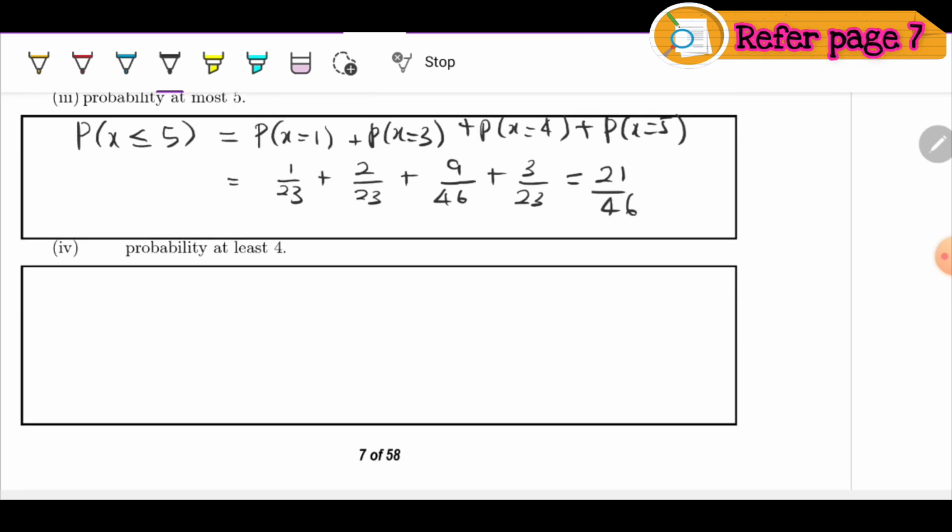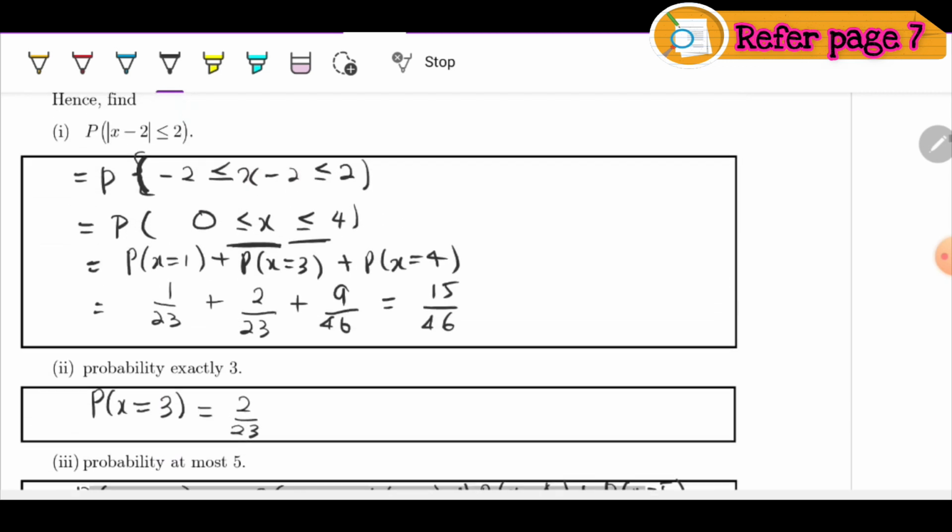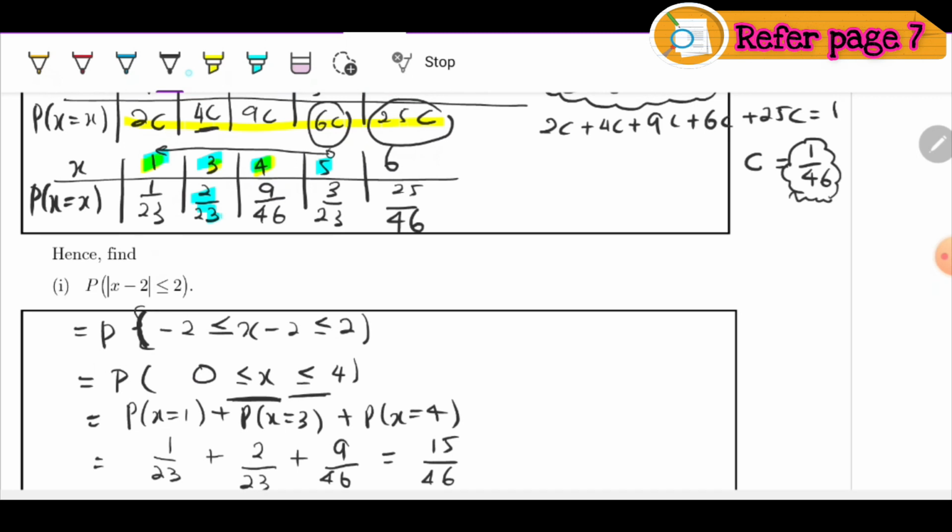Question number 4. Find the probability at least 4. At least means greater than or equal to 4. So look at the table. Greater than or equal to 4 means start from 4, 5, until 6.